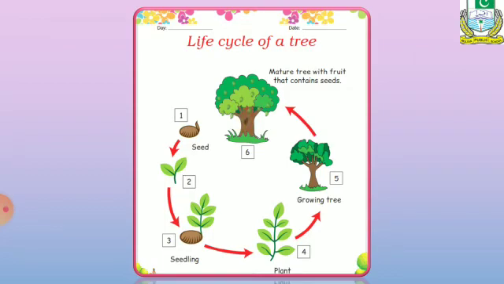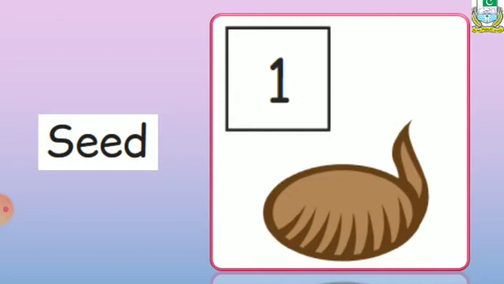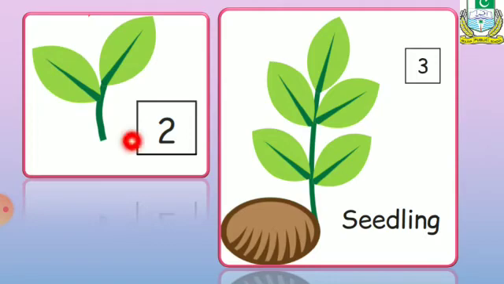Now let's have a closer look at the 6 steps of life cycle of a tree. Okay, here we are on step number 1. What was step number 1? We have only a seed. And here is the seed.